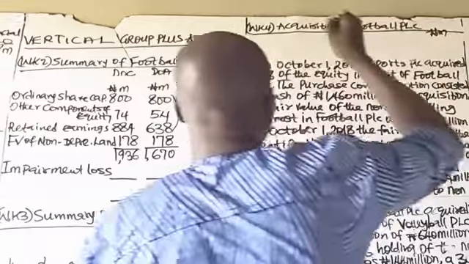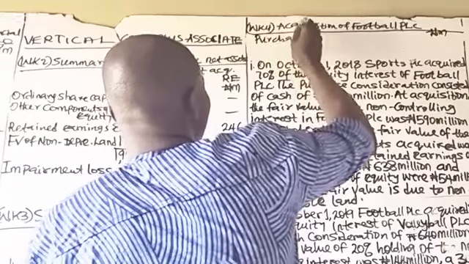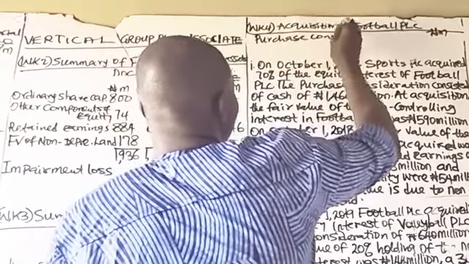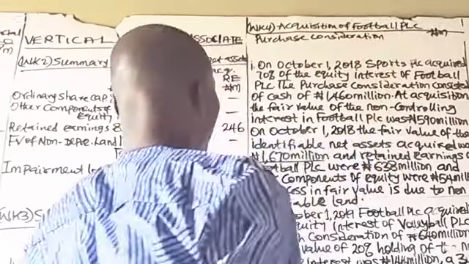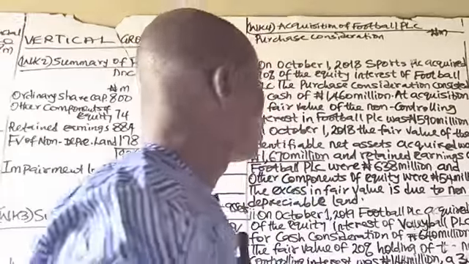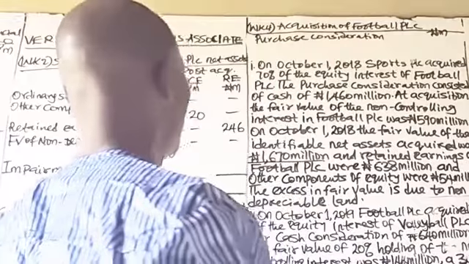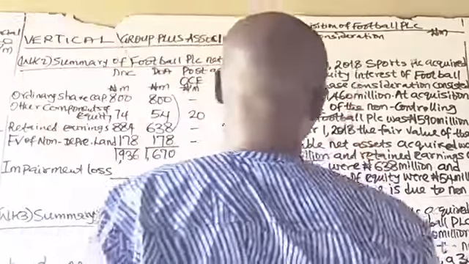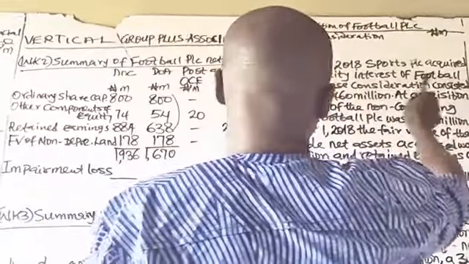To calculate goodwill, the starting point is purchase consideration. And how much was the consideration paid by Sports PLC in acquiring Football PLC? On 1st October 2018, Sports PLC acquired 70% of the equity interest of Football PLC.